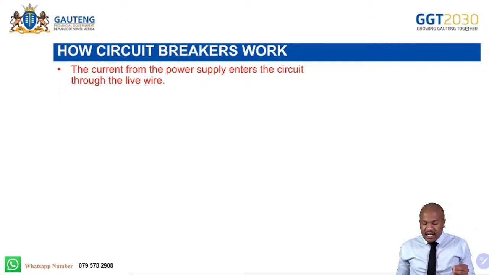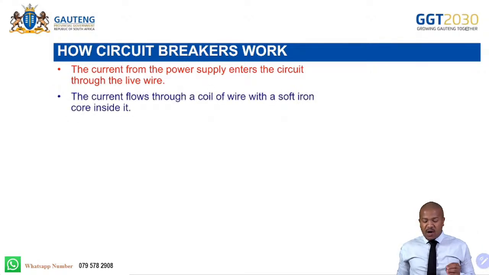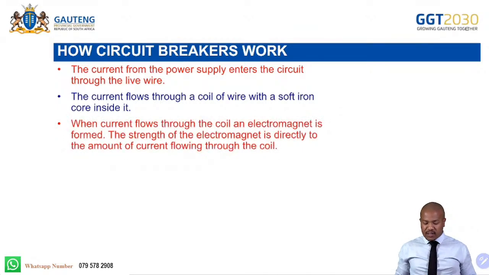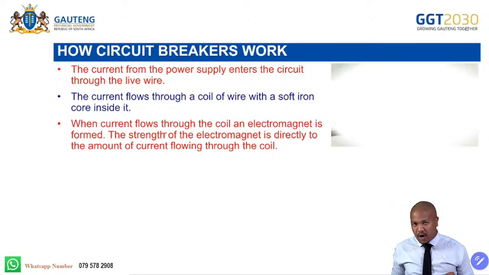The current flows through a coil of wire with a soft iron core inside. When the current flows through the coil, an electromagnet is formed, where the strength of the electromagnet is directly proportional to the amount of current flowing through the coil.